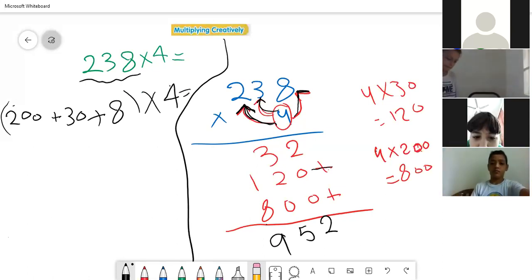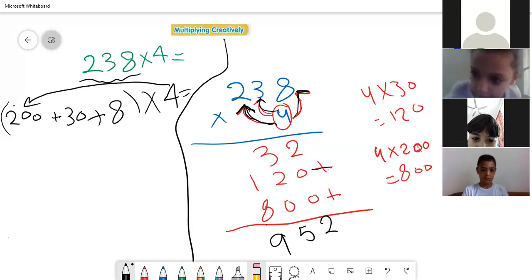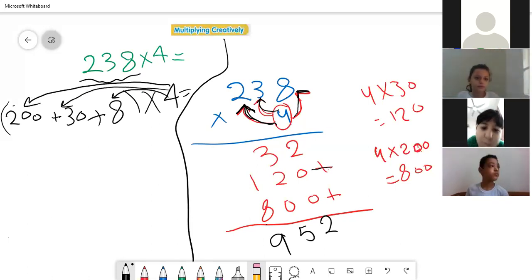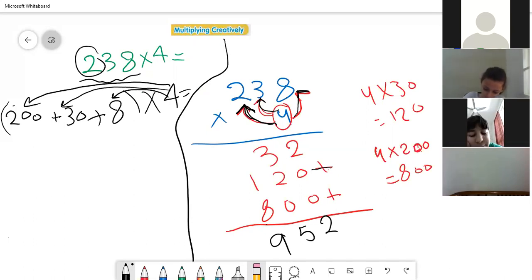This means we are going to multiply the 4 by this, and the 4 by this, and the 4 by this. So what we did here, we split the number into its digits' values. The value of 2 is 200. The value of 3 is 30. The value of 8 is 8.